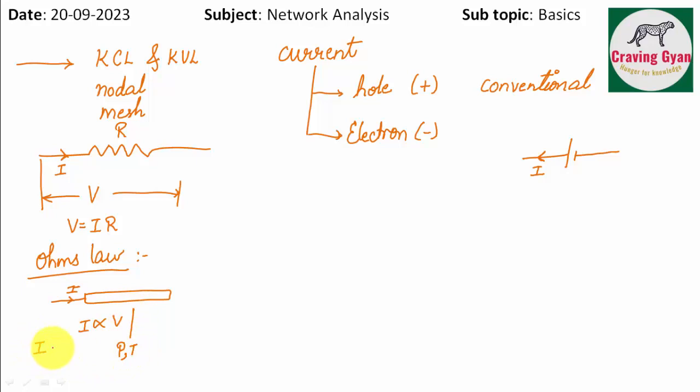If I remove the proportionality constant, what I get is I equals V divided by R, or V equals I into R. But strictly speaking, this is not the only Ohm's law, it is one of the forms of Ohm's law.